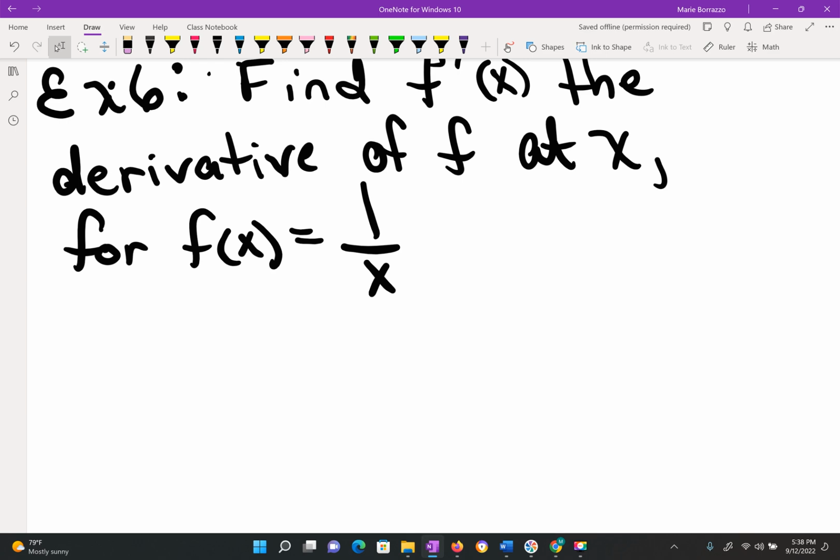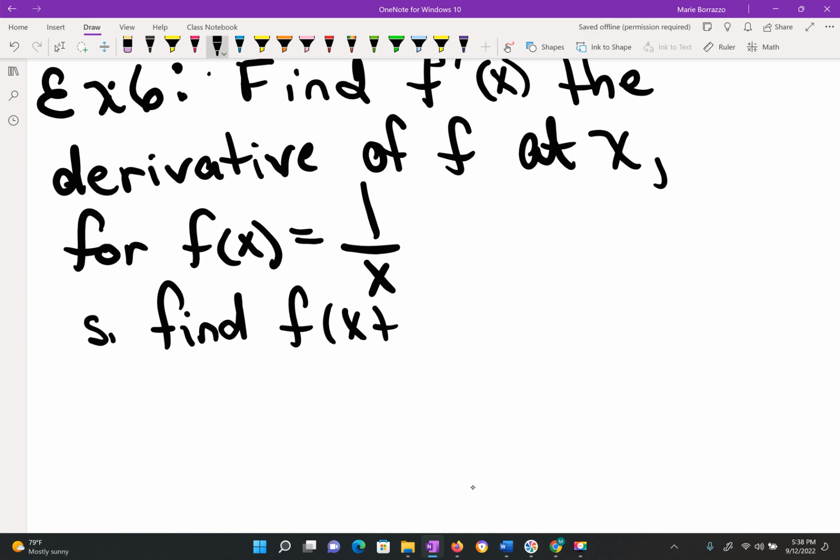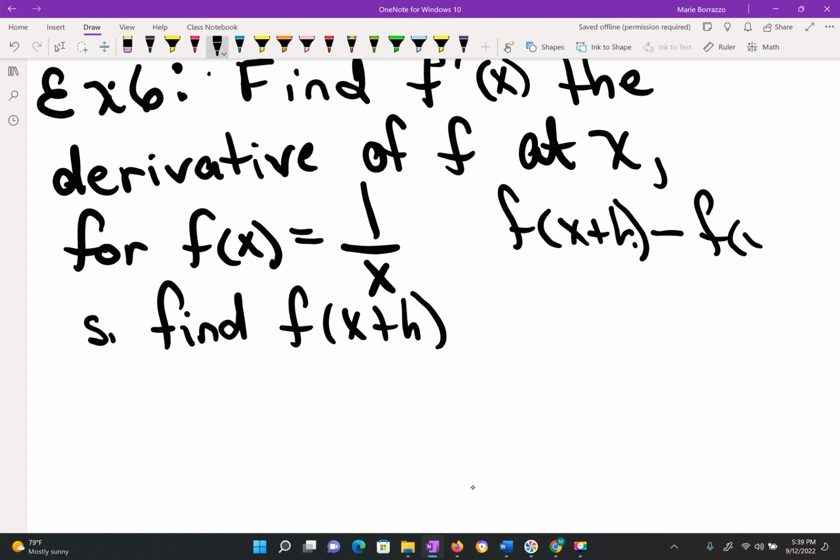So we're going to start with step 1, which is to find f of x plus h. Remember the formula is f of x plus h minus the f of x, and all of this over h.